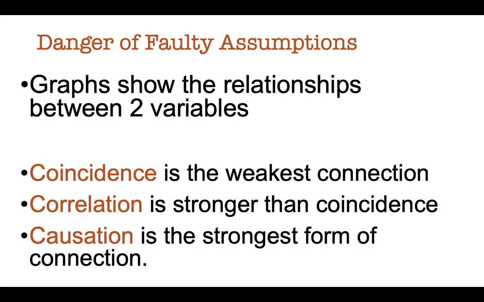If I see a graph and I see a relationship between my variables, there are 3 degrees in which they can be connected. It can be mere coincidence, which means that there's no meaningful connection between the variables. One is not consistently creating a change in the other. There can be correlation, which means these variables are connected in some way, shape, or form, but not directly. There's something missing.